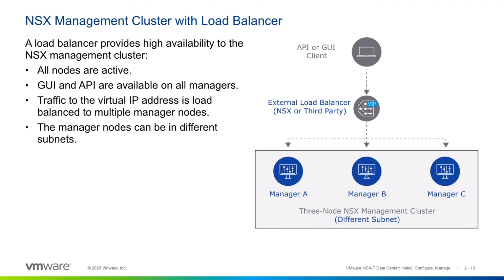It could be as simple as an open source load balancer virtual appliance sitting logically in front of the NSX manager cluster. It could be a virtual IP address from a big physical load balancer in your infrastructure.